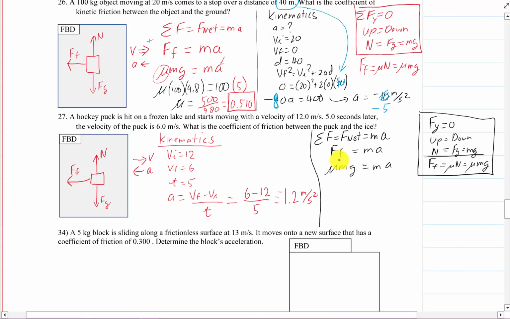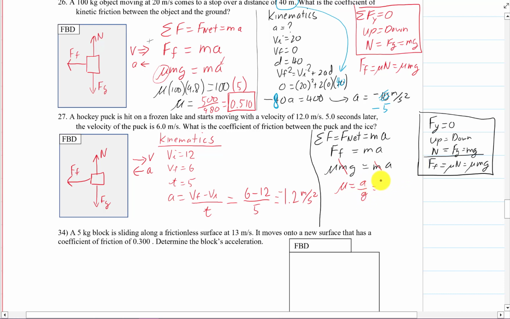The masses here cancel out. I can do that mathematically. I'm not going to be able to calculate what the net force is or what the frictional force is. I won't be able to get you ma because I've canceled out the m's. But I still will be able to calculate what mu is. Mu is going to be a over g.